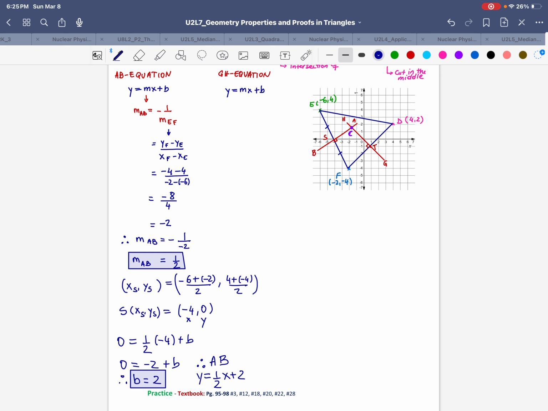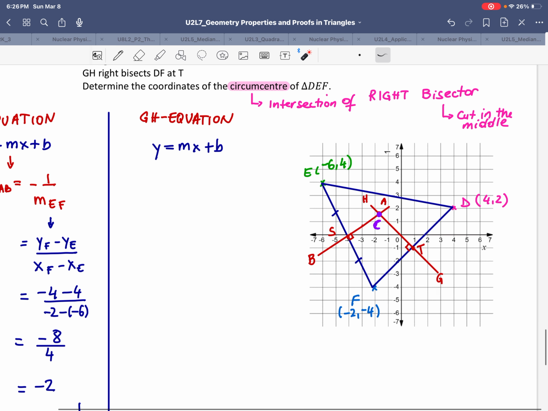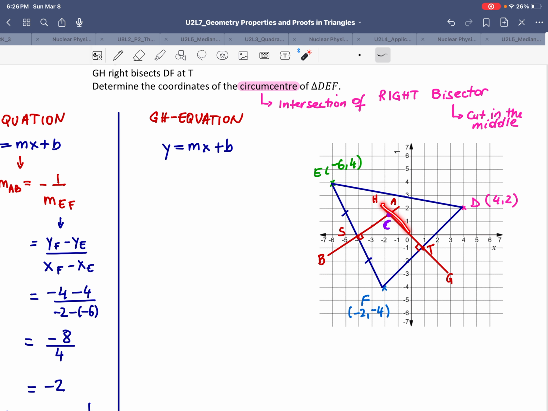Now, we're going to continue with the next equation, the right bisector GH, following the exact same process. This time, we are working with this line segment here. We're going to find the slope of it by using the slope of the line perpendicular to it. So the slope of GH is equal to negative reciprocal of the slope of DF.